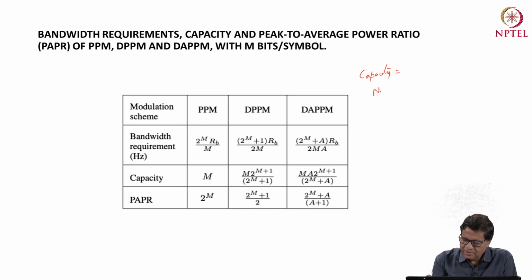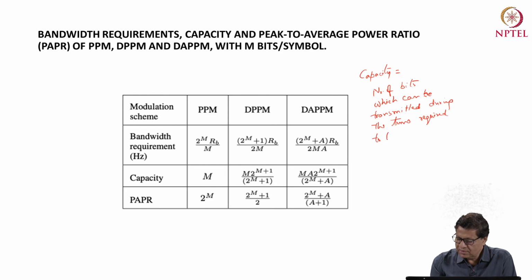This is the number of bits which can be transmitted during the time required to transmit m bits using OOK modulation. So these are with reference to OOK modulation.